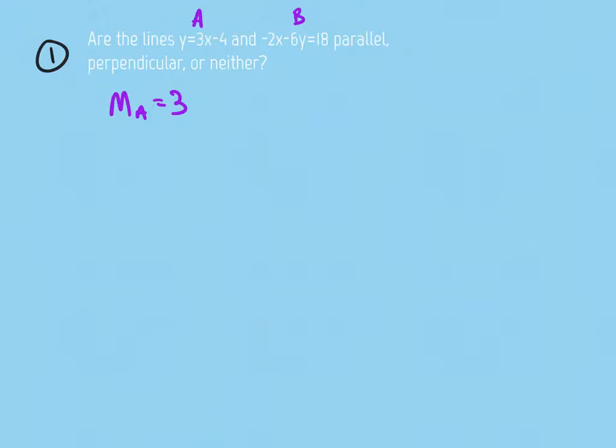To find m of B, I need to convert that equation. Anytime the equation is not in slope-intercept form but we need to find the slope, we have to solve it for y so it looks like slope-intercept form, like A. I'll add 2x to both sides, so I get negative 6y equals 2x plus 18.